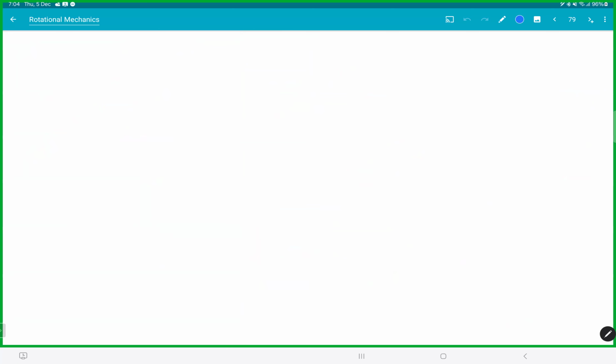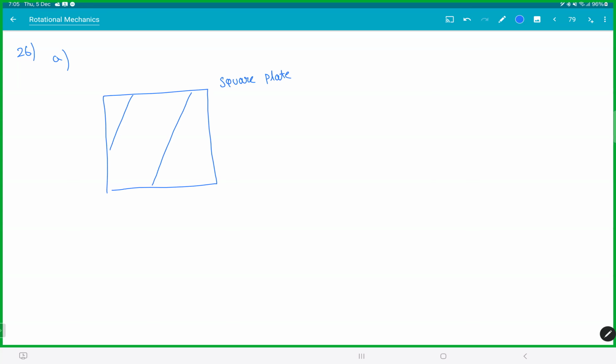Come on, everyone. Next thing. Let's say we have a square plate, and passing through the center, you have an axis in the plane.